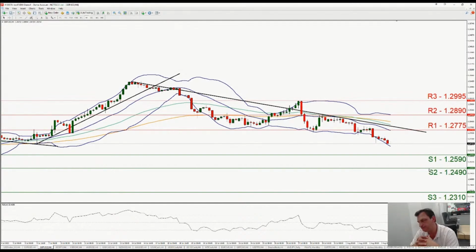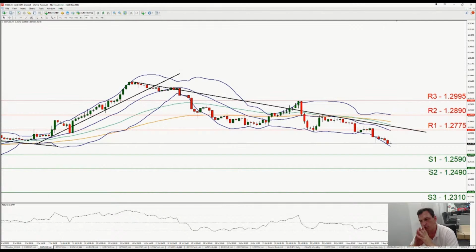In which case, we intend to treat such a correction higher as a mere correction. And that's under the condition that the correction higher does not break the downward trend line clearly and stabilize the pair. Then we're talking about a change of trend. It could be a change towards a sideways motion. It could be a change towards a bullish outlook.